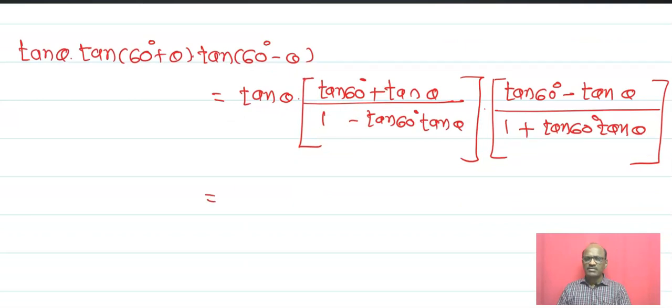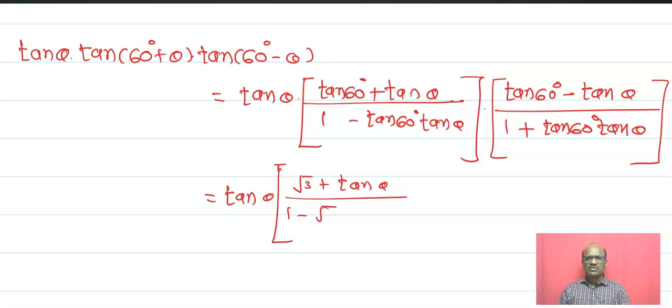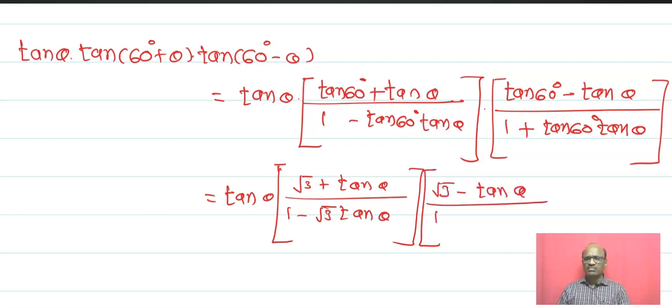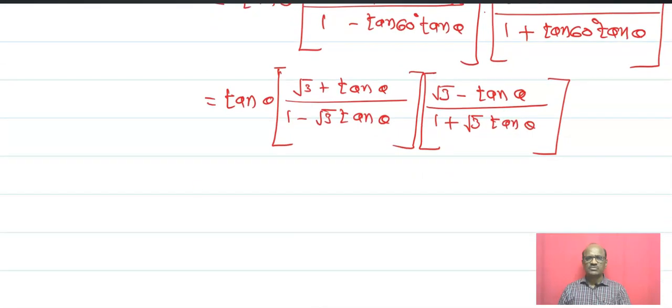Now here we will evaluate tan theta in bracket, tan 60 means what? Root 3 plus tan theta upon 1 minus root 3 into tan theta. In the next bracket, root 3 minus tan theta upon 1 plus root 3 into tan theta, that is equals to.